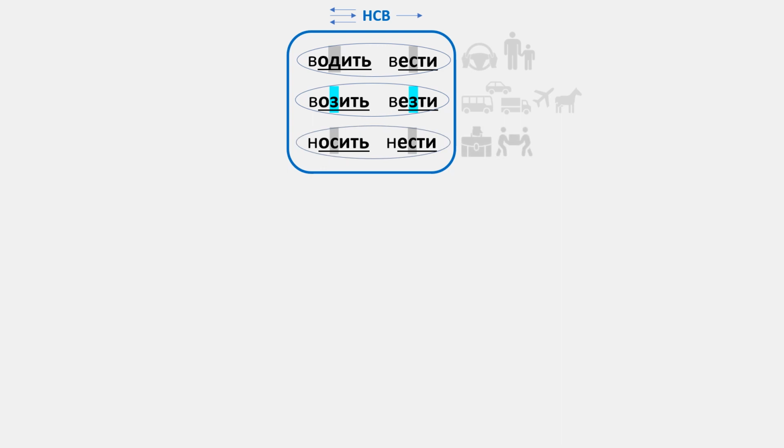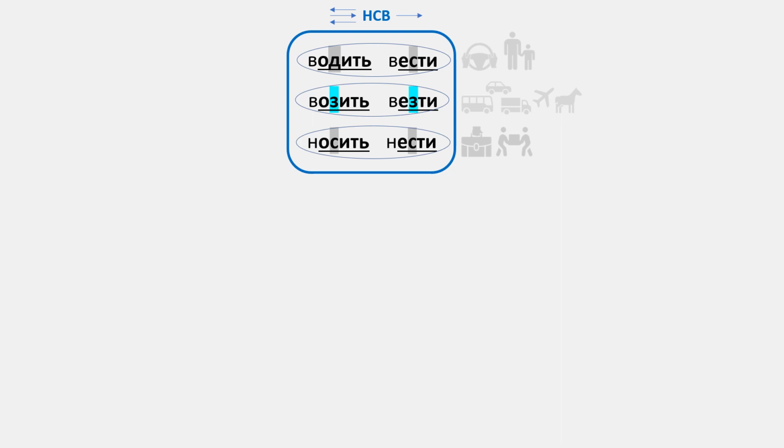Носить, нести means to carry, usually to carry things, but in some instances to carry people. For example, we can carry a baby or someone who cannot walk. All of these verbs are imperfective, the NSV verbs. We will look at their perfective, their SV forms a bit later.